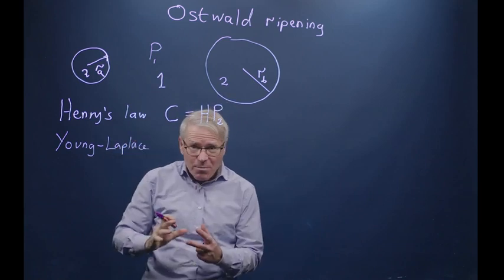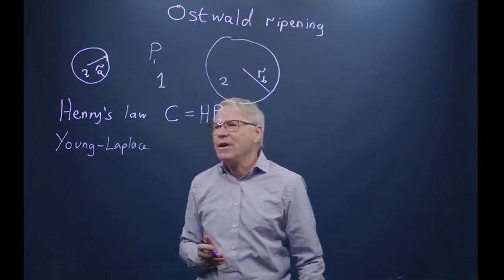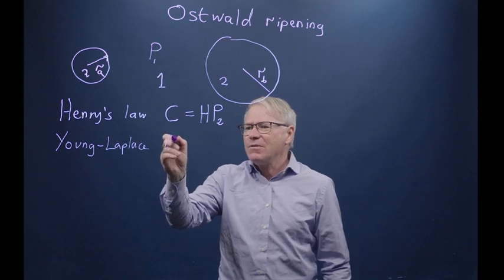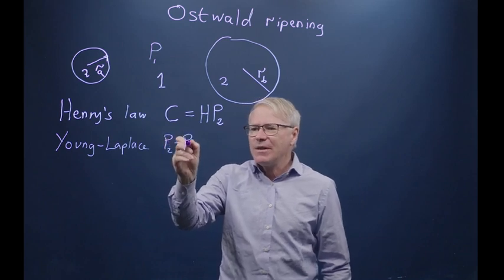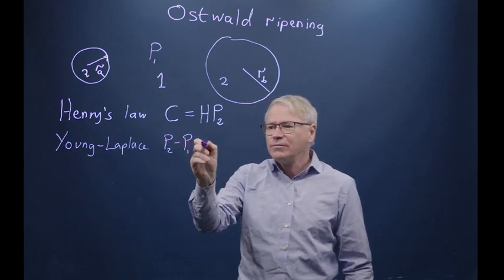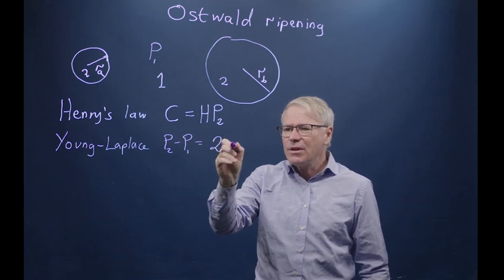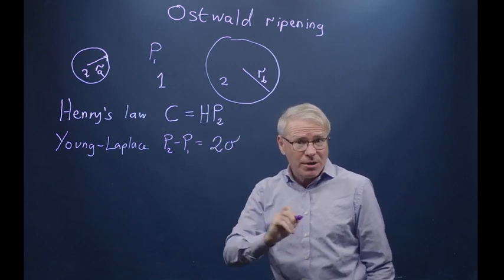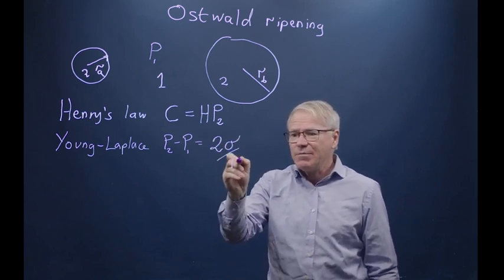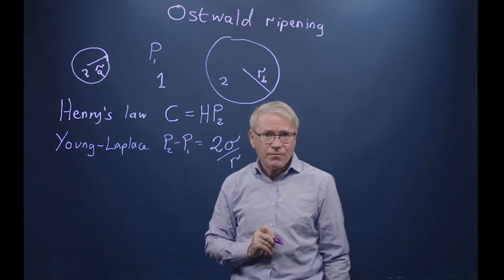If we have a spherical bubble, I agree that's an idealization, then P2 minus P1 is the capillary pressure, and that's 2 times the interfacial tension between the two fluids divided by the radius.